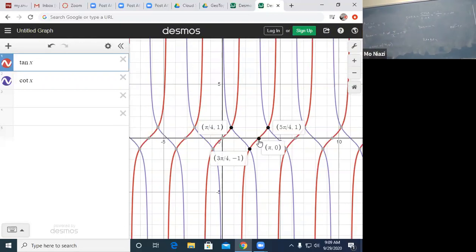It's actually going to be very similar. Domain is a set of all values it can accept. So what is the value that it can't accept? It can't accept 0 as an input. It can't accept pi as an input. It can't accept 2 pi as an input. So x cannot equal n pi.